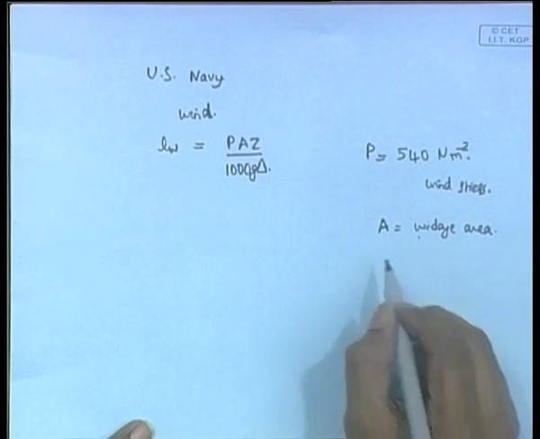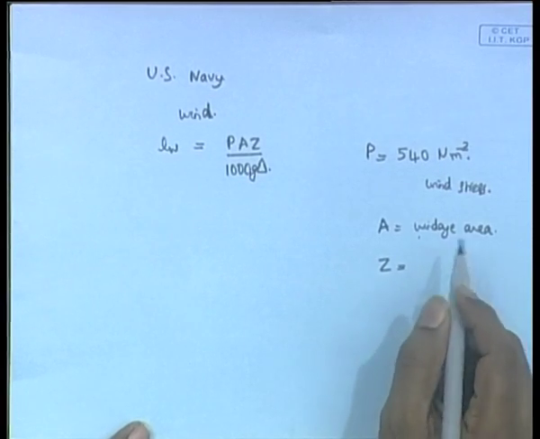Then Z is the distance between the centroid of the windage area and T by 2. The concept is this: the wind can be assumed to act at the centroid of the windage area. The reaction from the water can be assumed to act at T by 2, half the draft, because the total force is acting over the whole draft, and if the force is constant, it can be assumed to act at the centroid, which is at T by 2.